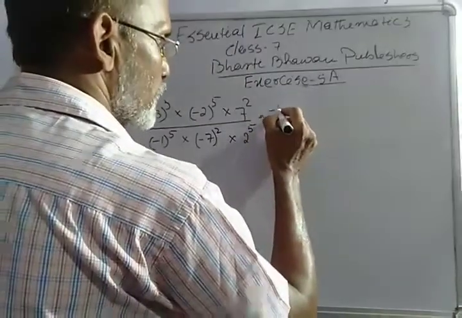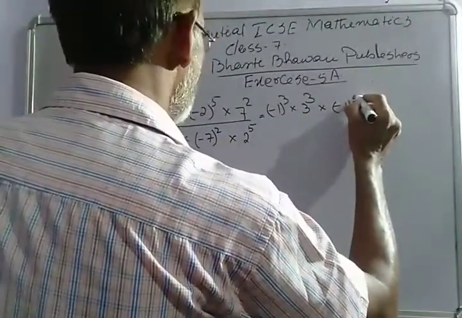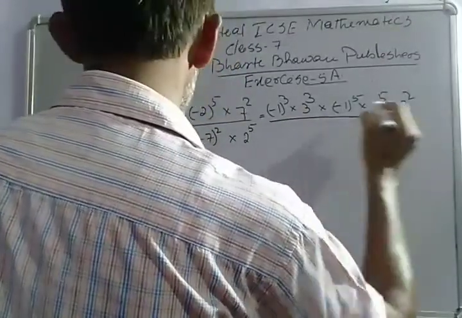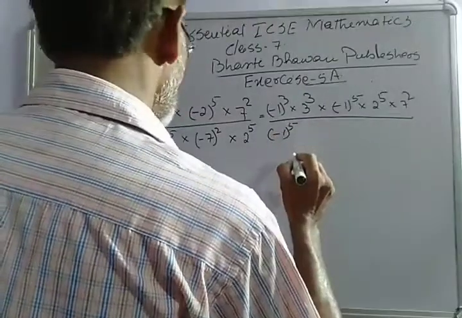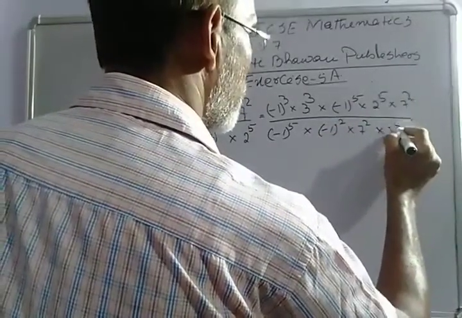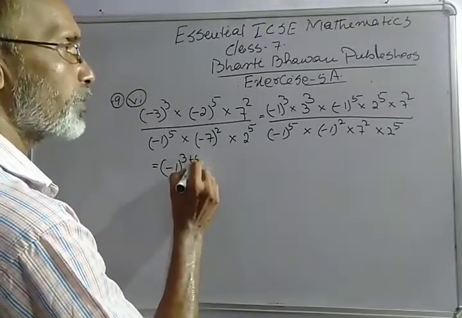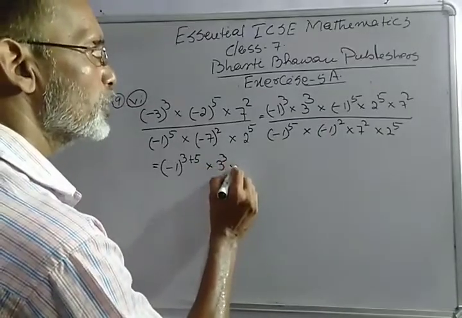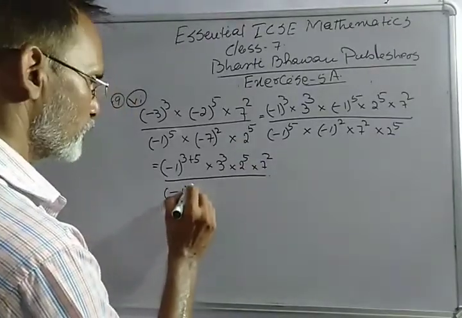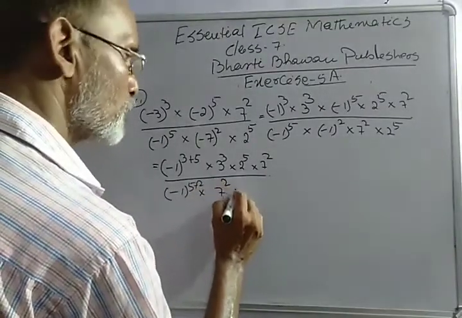So this is equal to (-1)^3 × 3^3 × (-1)^5 × 2^5 × 7^2 by (-1)^5 × (-1)^2 × 7^2 × 2^5. So this is equal to (-1)^(3+5) × 3^3 × 2^5 × 7^2 by (-1)^(5+2) × 7^2 × 2^5.